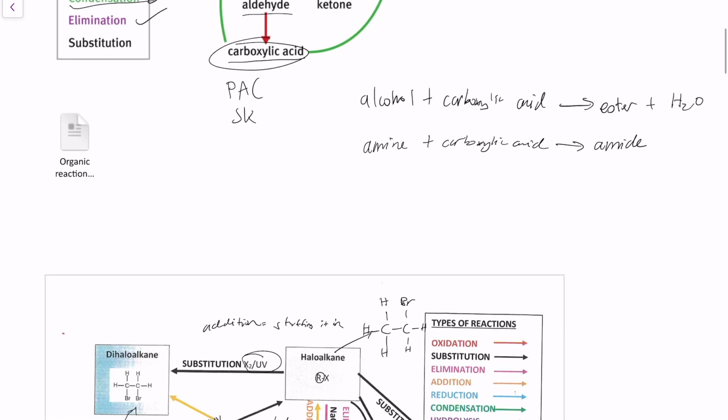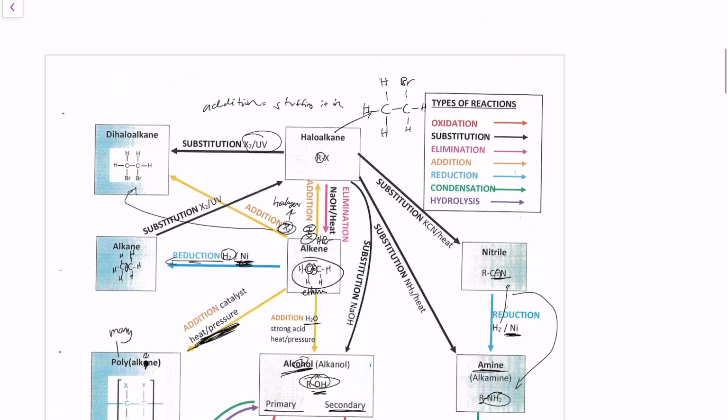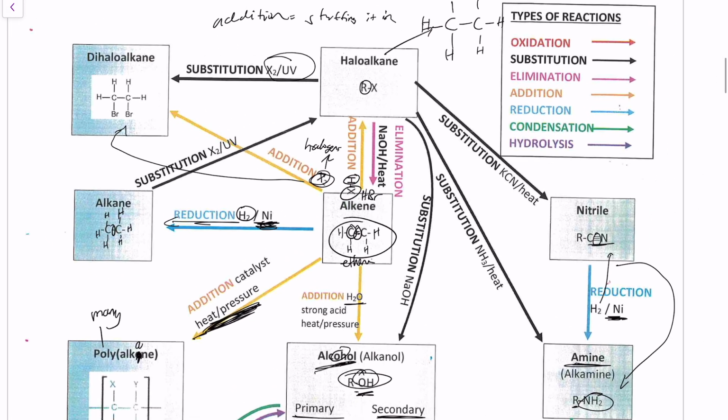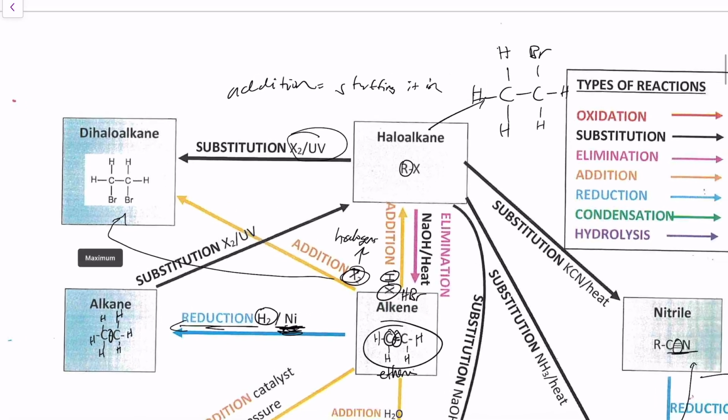But basically, with substitution reactions, most of it is really just adding something extra to it. So substituting, for example, and then obviously, I believe you'd form different compounds in there.